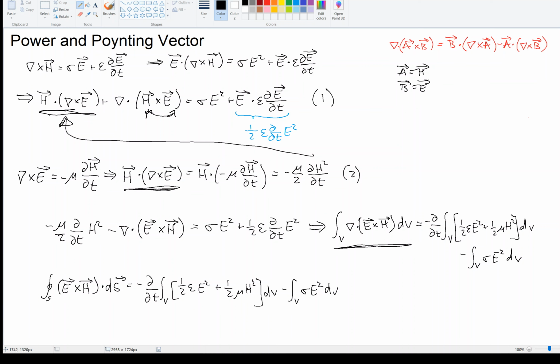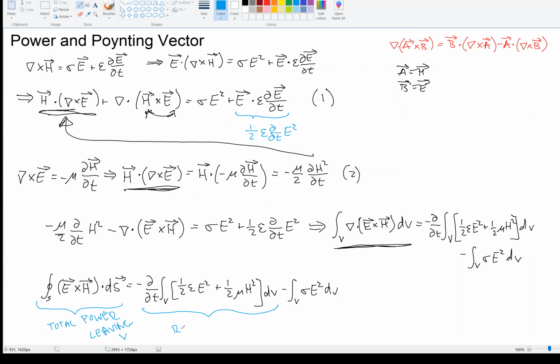Okay, so now I've got this equation. And you can interpret this equation as follows. The term on the left is the total power leaving the volume. Okay, and I'm going to argue that this term here is the rate of decrease in energy stored in the electromagnetic field.